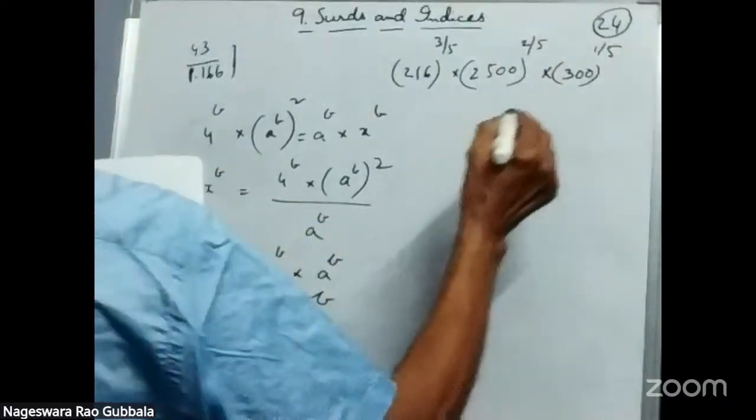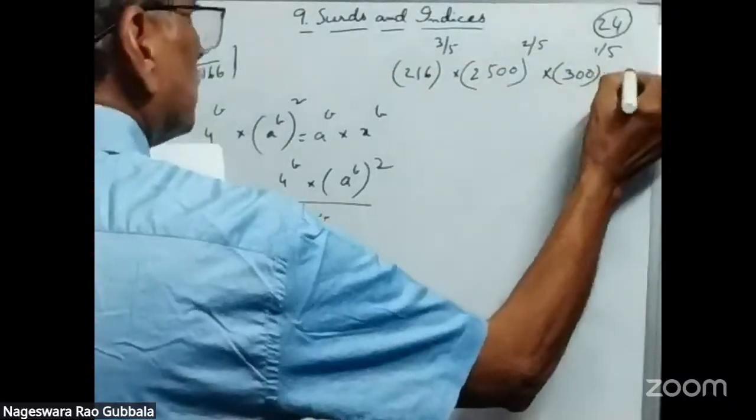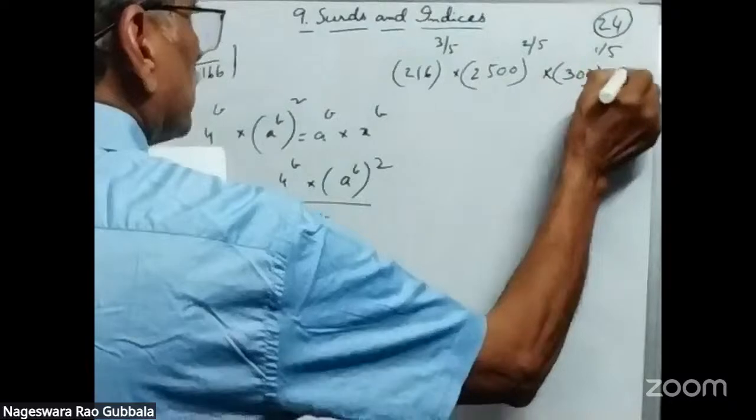The number of prime factors in this is, and the choices are here.